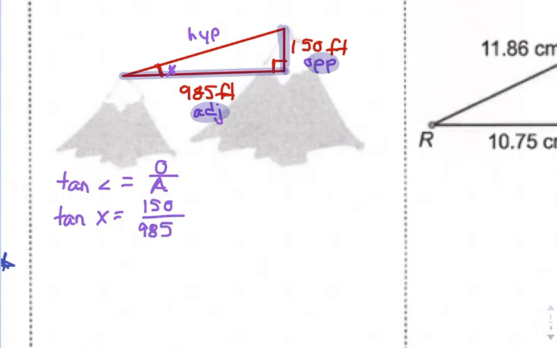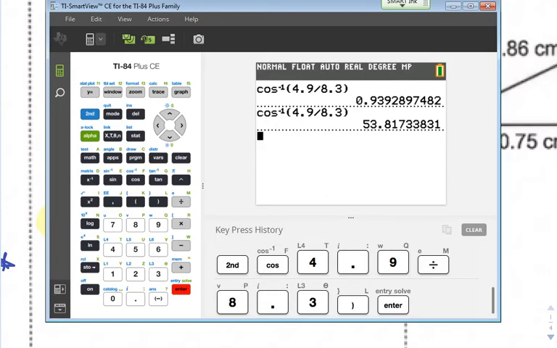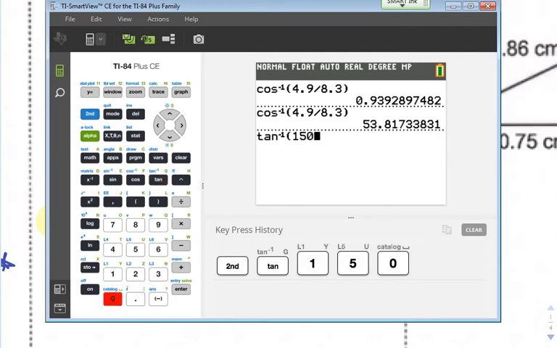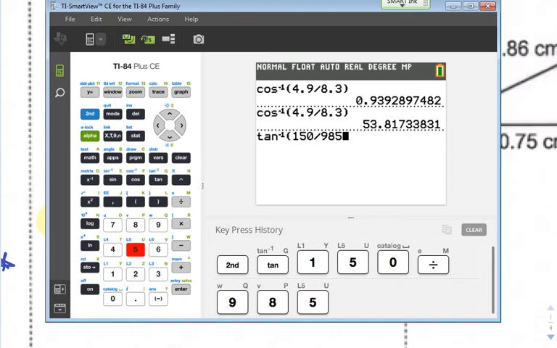So again, I have a special case here. I have tan x. Well, just like any function, tan doesn't like to be separated from x unless it's a special way. So, special way, we do the inverse, remember. So that would be your x equals tan to the -1 of 150 over 985. So I'm going to come over to my calculator again, and I'm going to do second tan, 150 divided by 985.